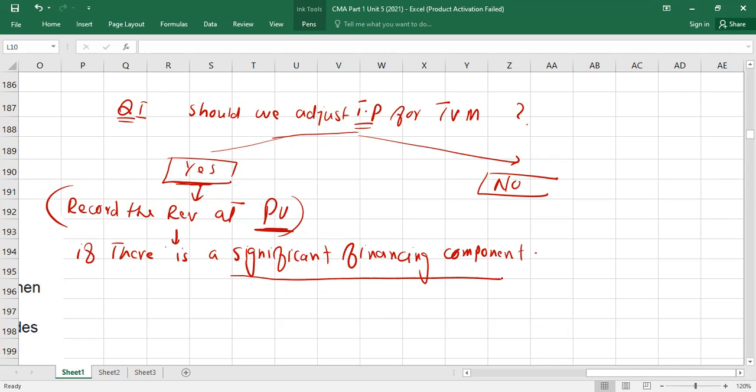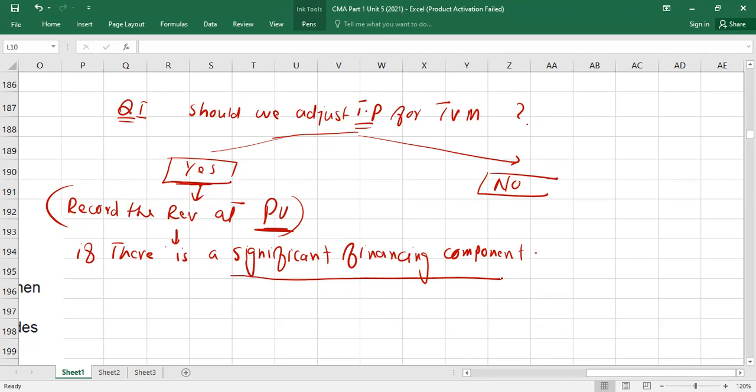Financing component, simply you can say involvement of interest. That is called significant financing component. We can also say this way: what does significant financing component mean? If the entity is getting a financing benefit.